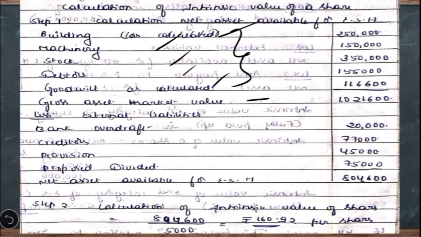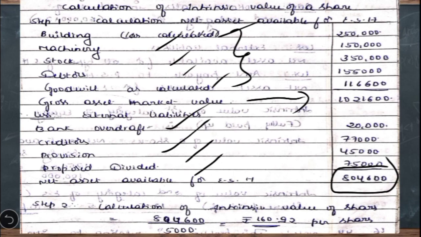So we get the gross market value to be 10,21,600. From this we are going to deduct the various liabilities: bank overdraft, creditors, provision for taxation and proposed dividend. So we get the balance as 8,04,600. In this case, as I said, there is no preferential capital, so whatever balance is available here, this itself is considered as net asset available for equity shareholders.